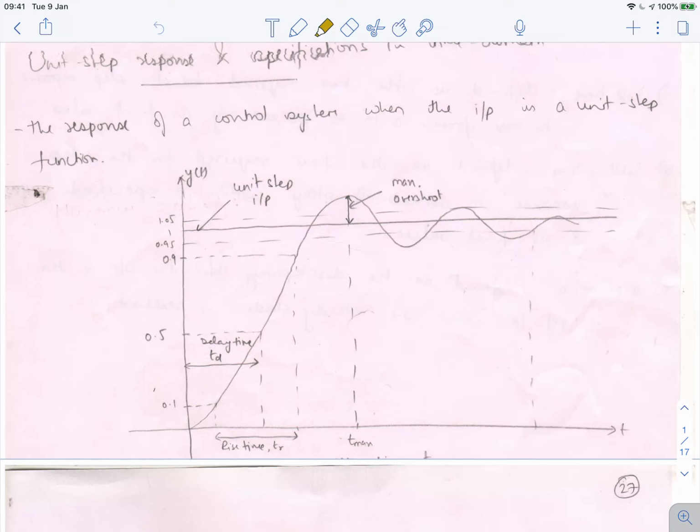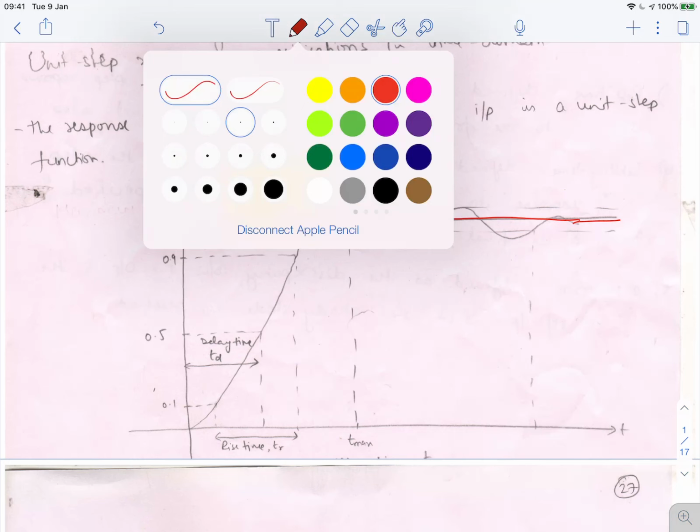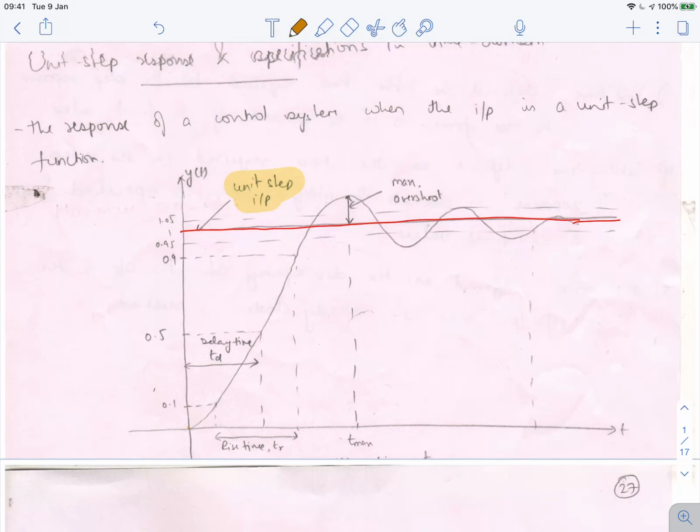Okay, so this is the unit step input, which is the straight line you are seeing here. I have drawn the input and output curves. So let's draw it. This is the input signal to the system, and this is some output.